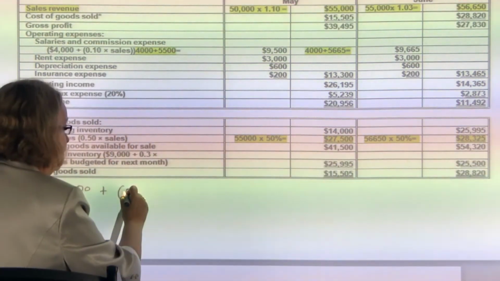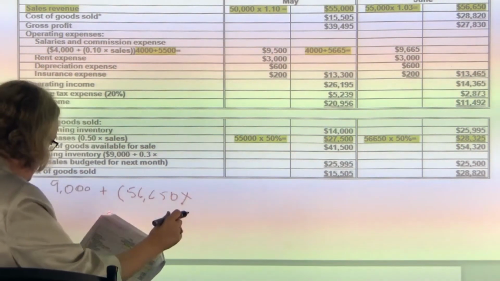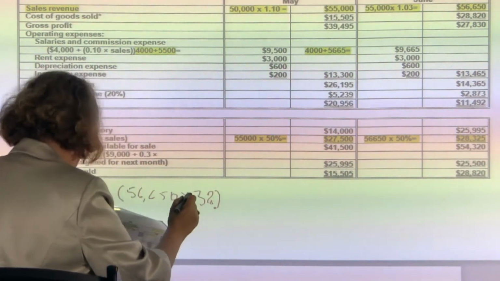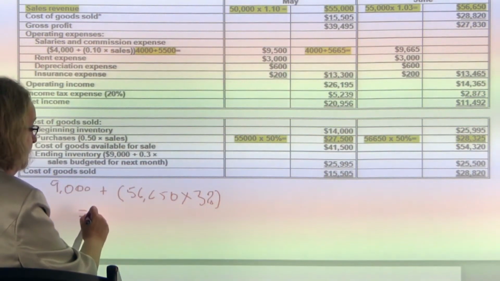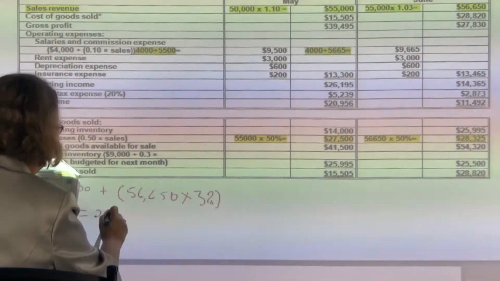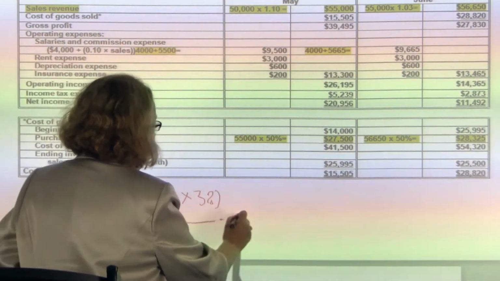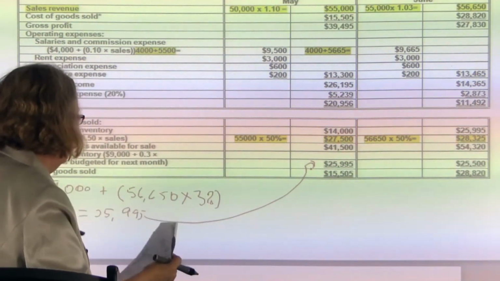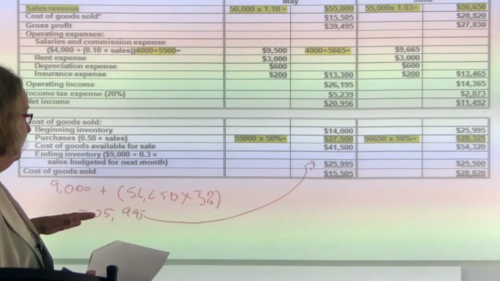So that's 56,650 times 3%, which is equal to 25,995. So that's where this number is coming from. So that's your ending inventory. It's 9,000 plus 3% of the following month's sales.